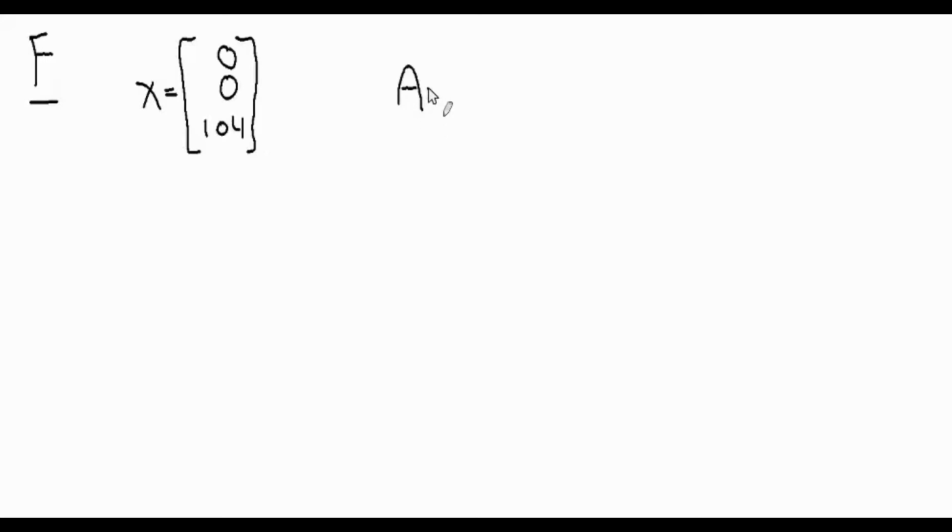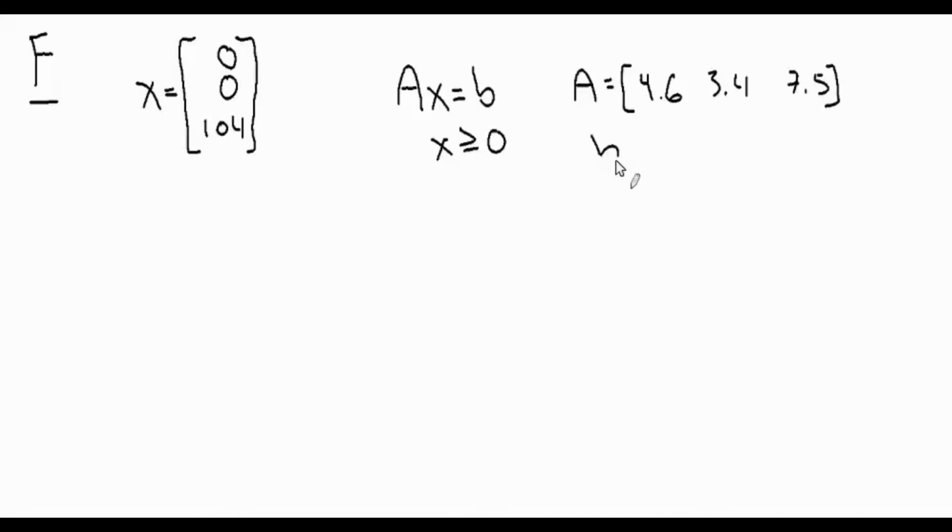We need to consider the system that is moment equilibrium, AX equals B, and muscle forces are non-negative. In order to do that, we need to define A, which is the row vector of moment arms, 4.6, 3.4, and 7.5, and B is 780.